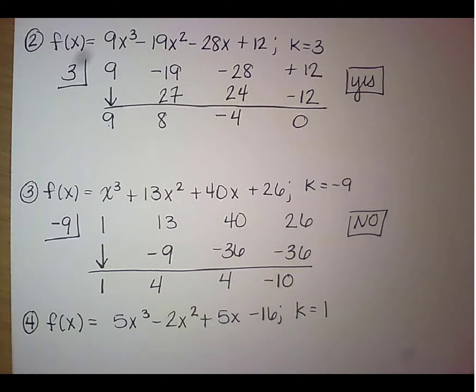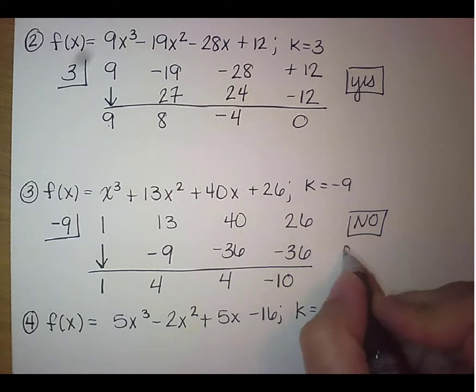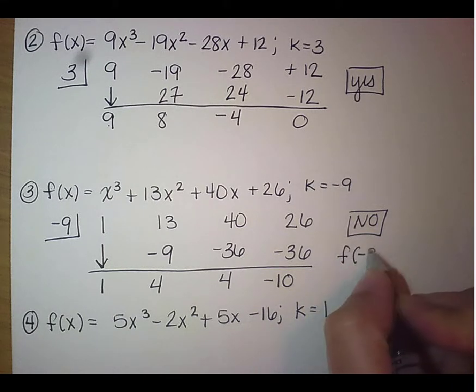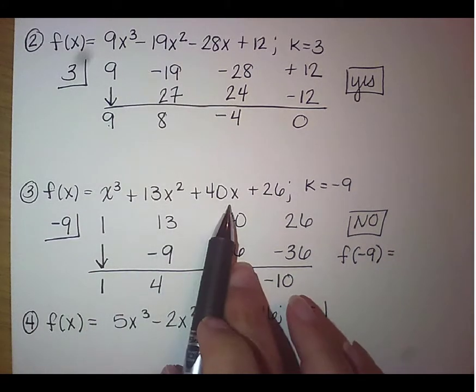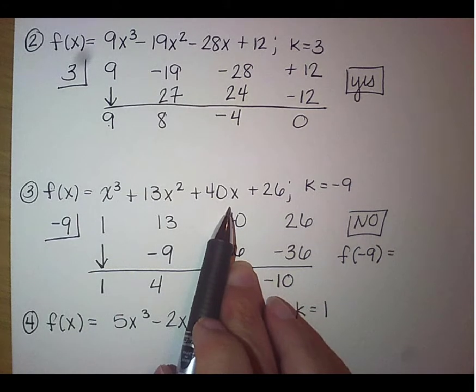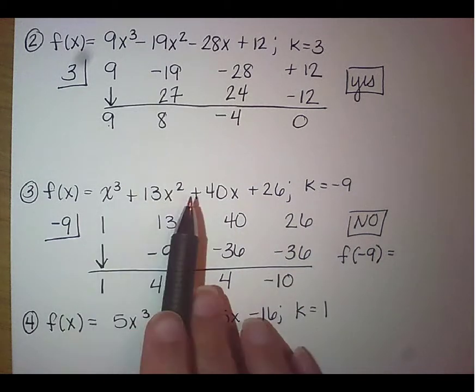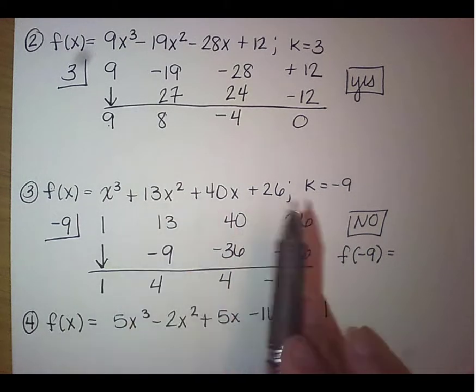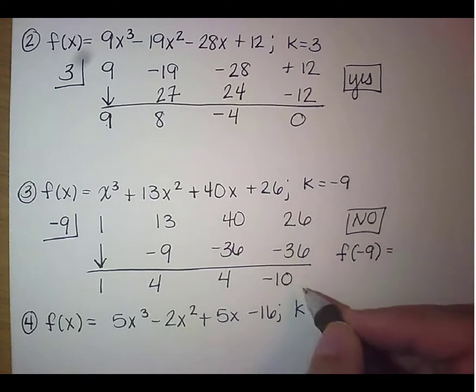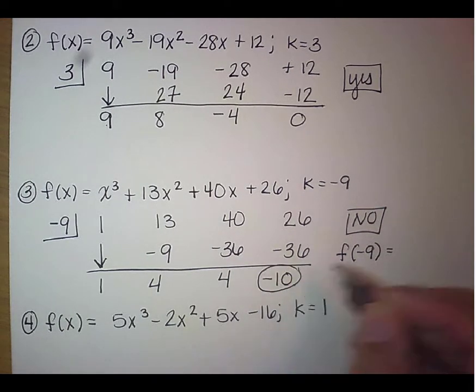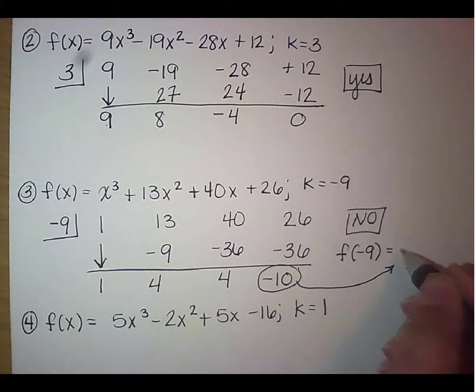Now there's another really cool thing that happens. If I were to take my function and plug negative 9 into all of these x's and simplify it, doing negative 9 cubed and negative 9 squared times 13 and 40 times negative 9, and do the whole thing, the really cool thing is that this remainder is actually what it'll come out to be.